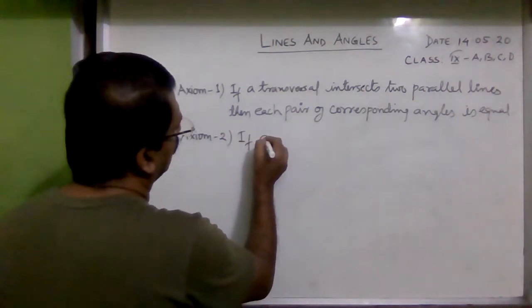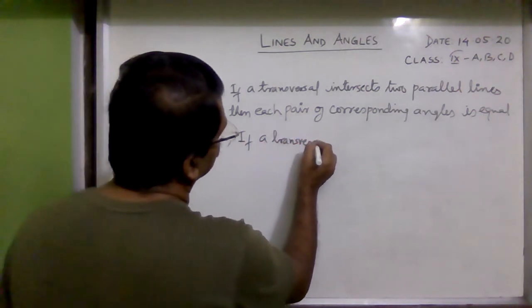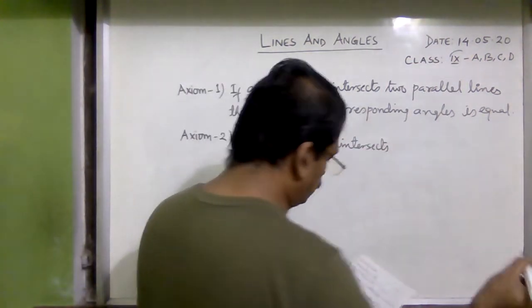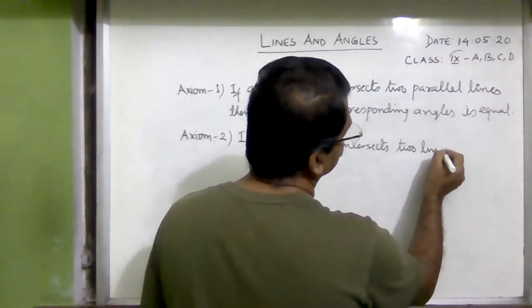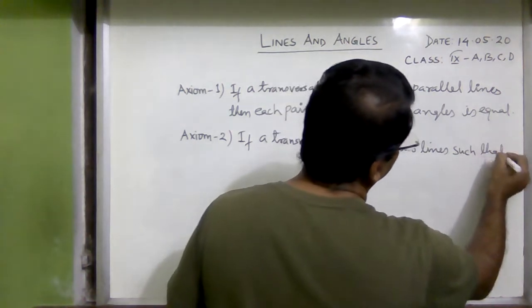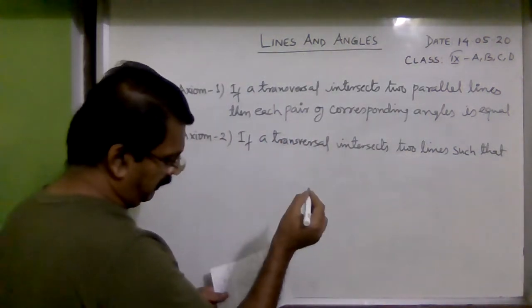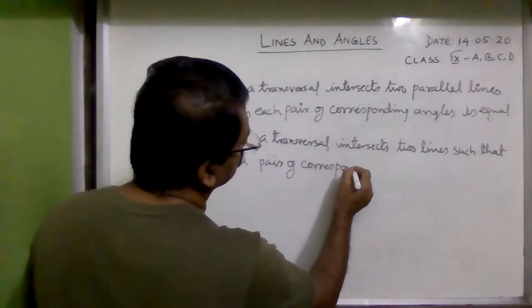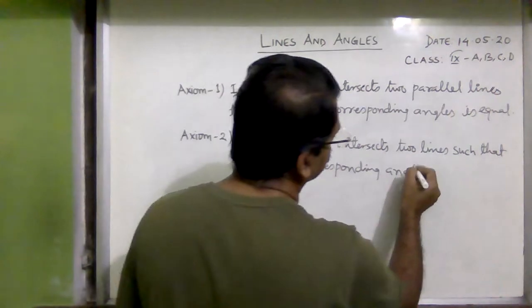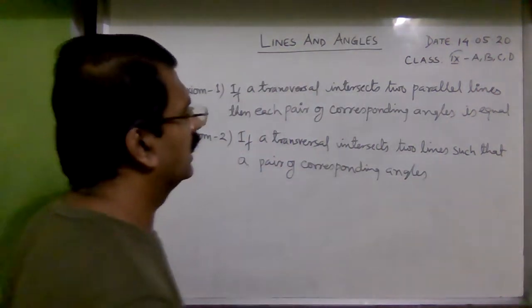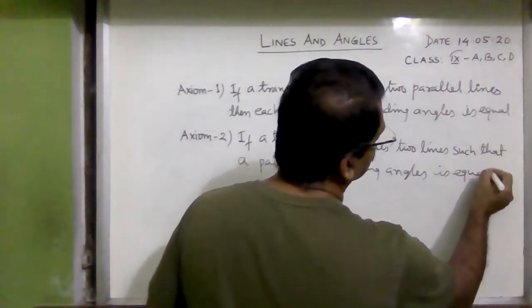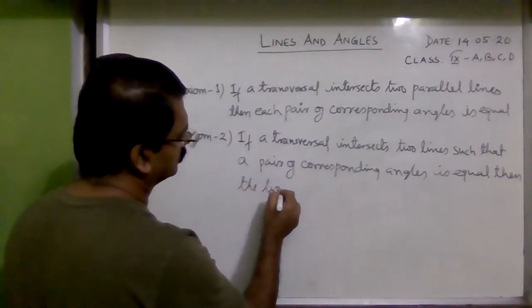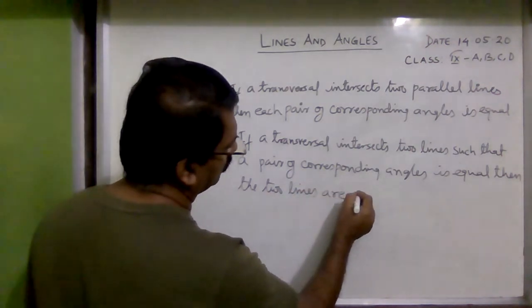Now the next axiom: if a transversal intersects two lines such that a pair of corresponding angles is equal, then the two lines are parallel.